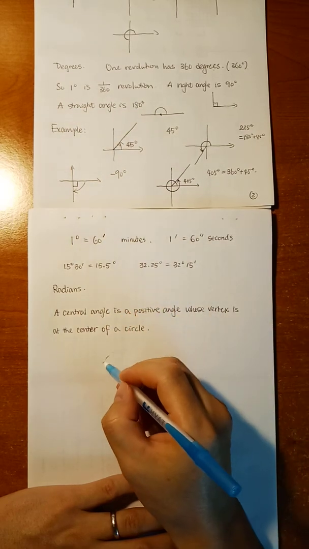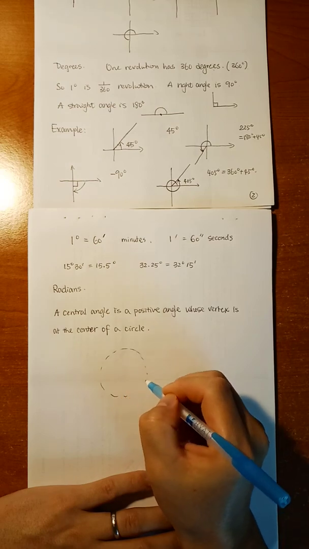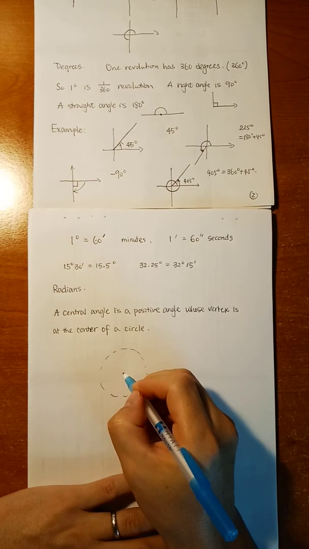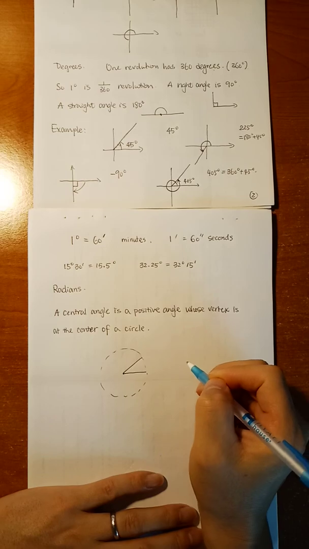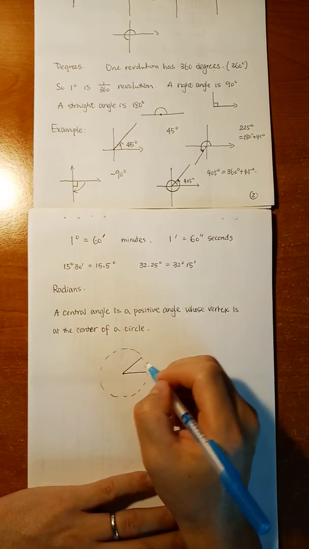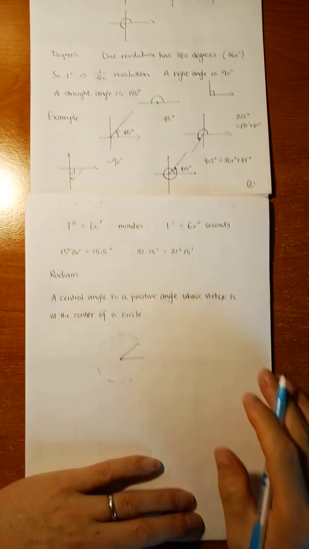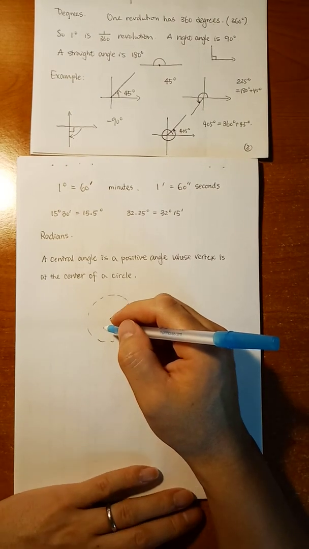So you have a circle, you have a center, then this is a central angle. The vertex is the center of the circle. It's a geometric thing.